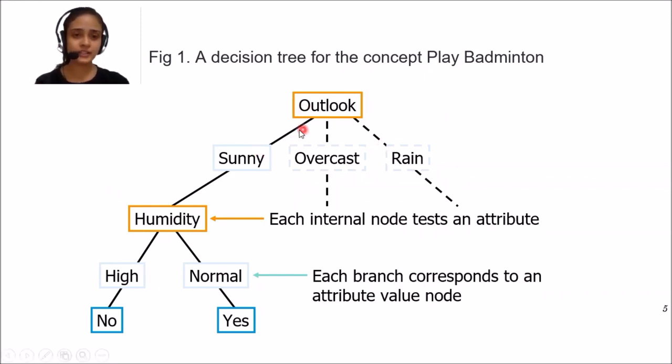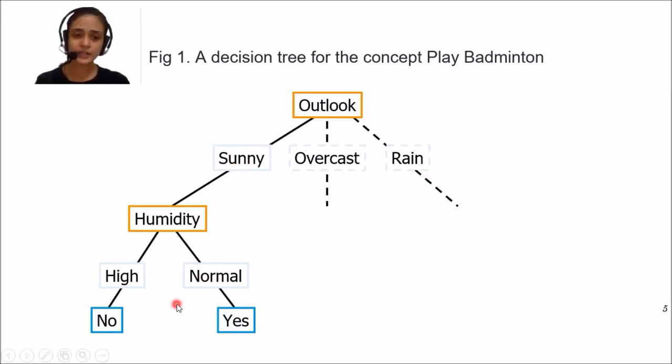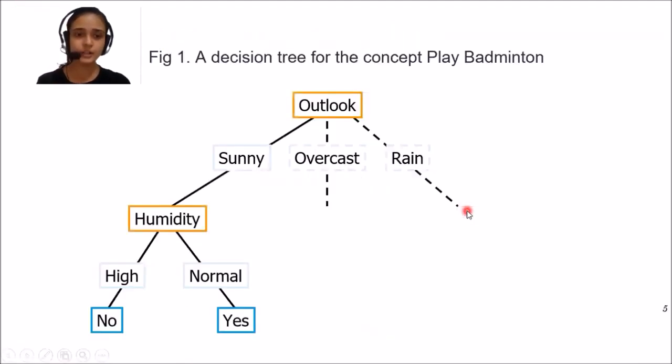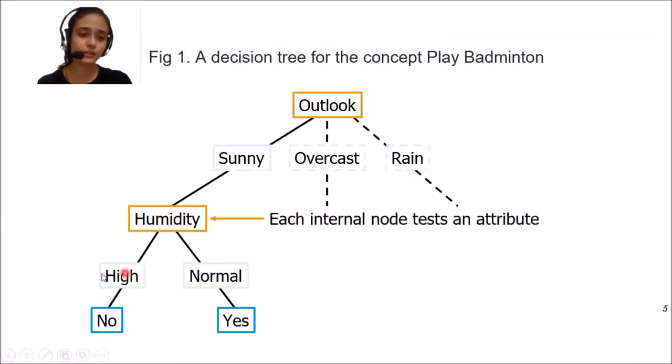In the outlook we have seen three branches, and in the outlook we have three different values, that is sunny, overcast and rain. Similarly for the humidity attribute, I have two different values, high and normal, as shown over here.